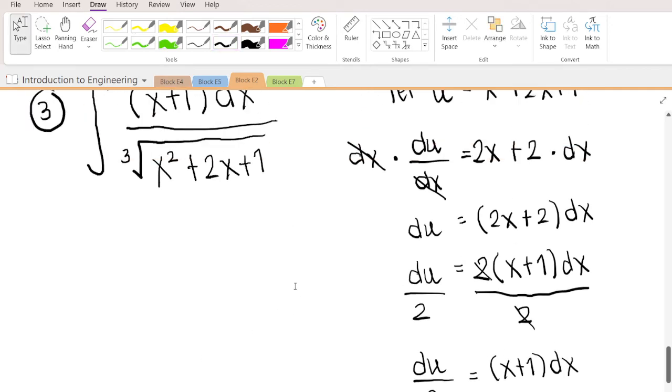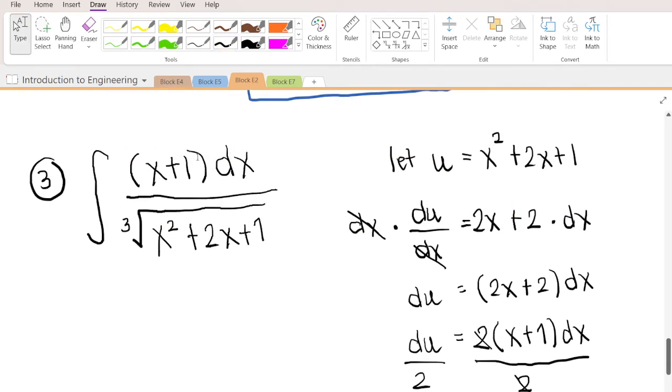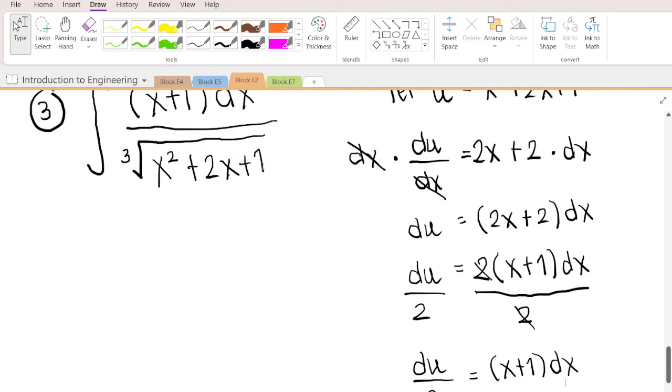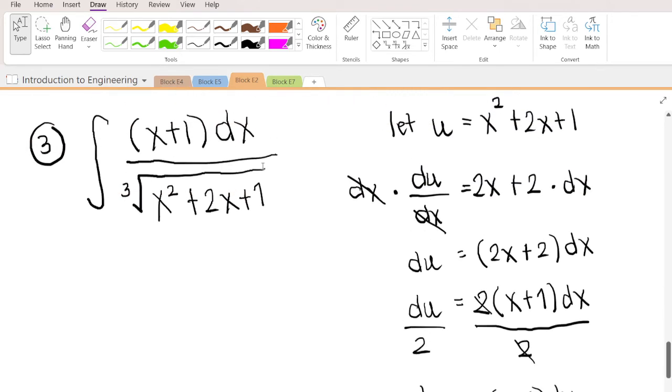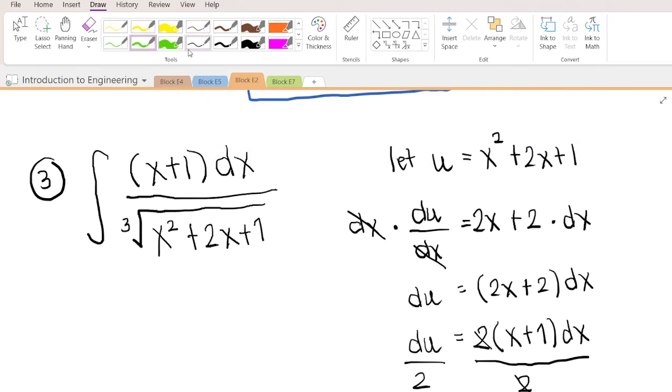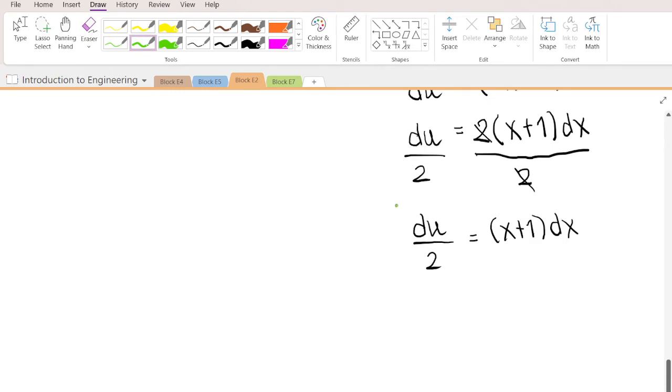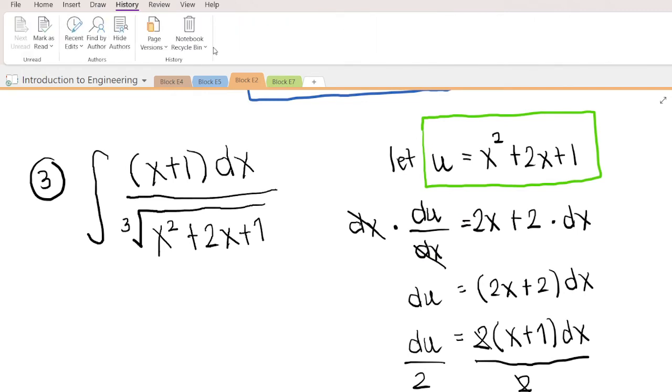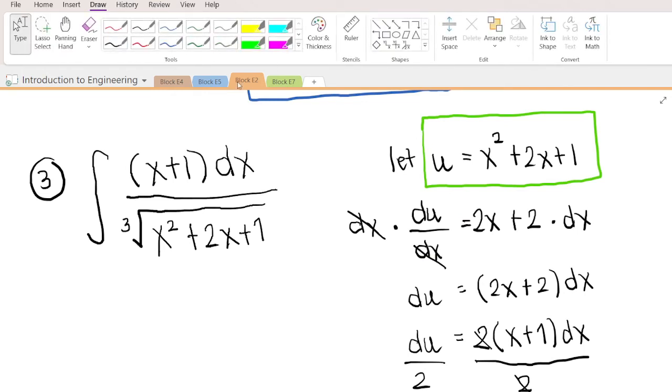So it's the same as what you see here in the integral sign. Okay? So we can now substitute the following. We have u equals x squared plus 2x plus 1. And then we have du over 2 equals x plus 1 times dx. Okay? So let's substitute.